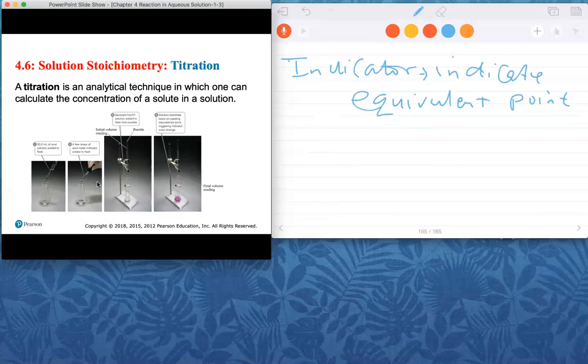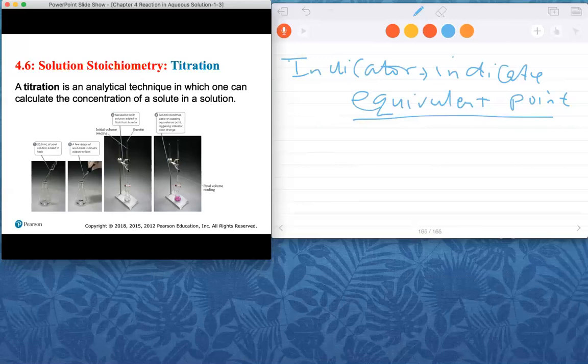In other words, initially I have a number of moles of my analyte, but I don't know how many moles. I will continue adding the standard, all right? Remember the indicator is added in there to indicate the equivalence point. That means at that point, the titration will be complete.